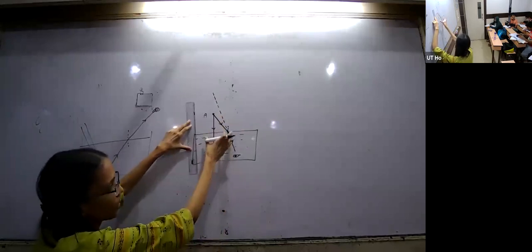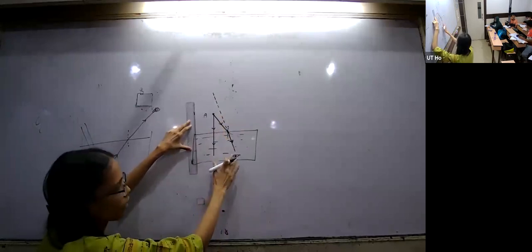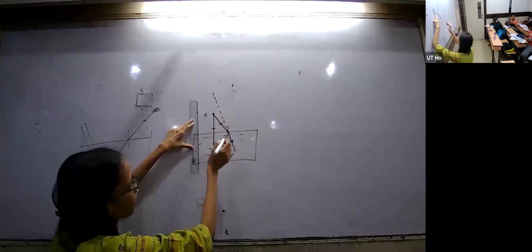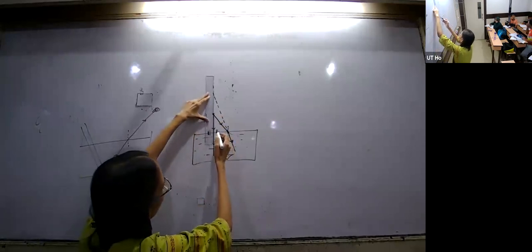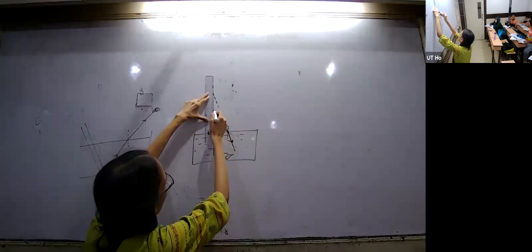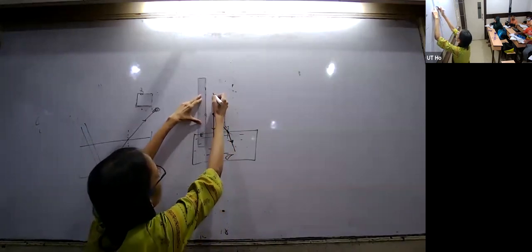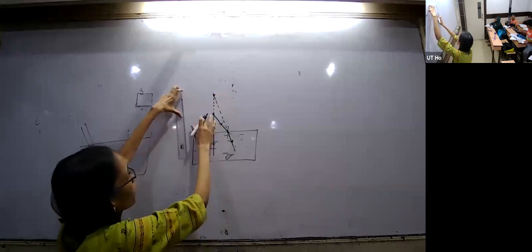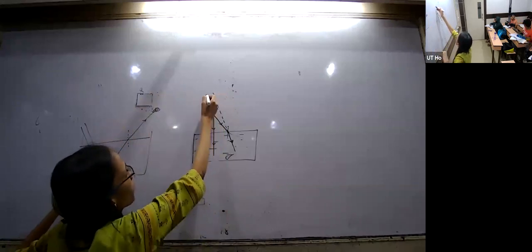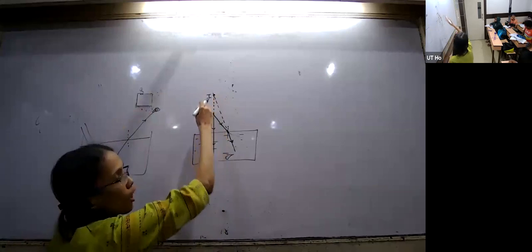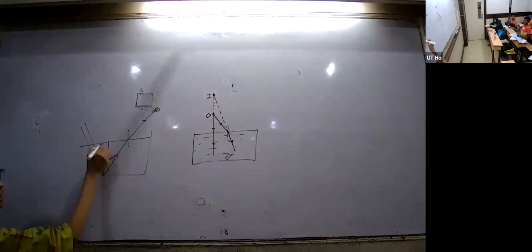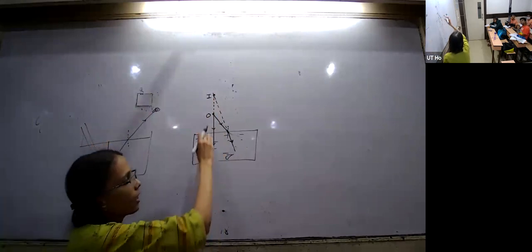And when all the rays go into your eyes, you trace the backward path, and you will see that this image is formed somewhere over here. So if this is your object O, the image is formed away from the surface in one case, and in this case the image is formed closer to the surface. Check.